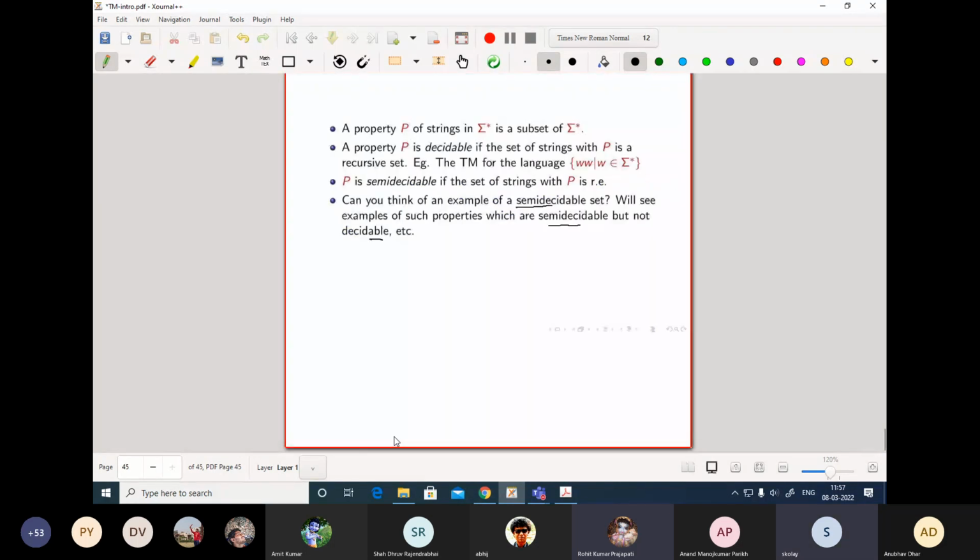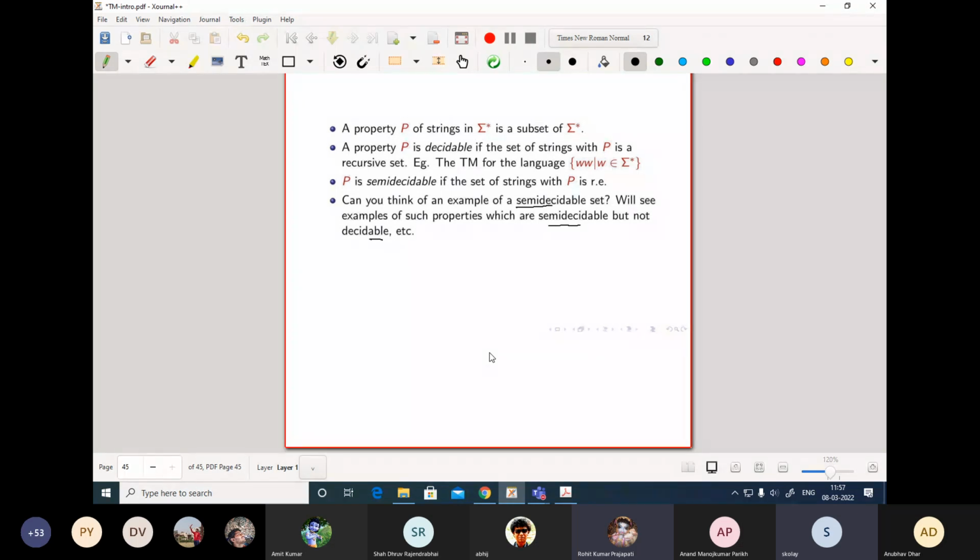Okay, so that's the end of this lecture. Next lecture, we will be looking at equivalent models of Turing machines. So we will try to see what happens if we increase the power of Turing machines. For example, a natural generalization would be, what if I had more than one read-write tape?